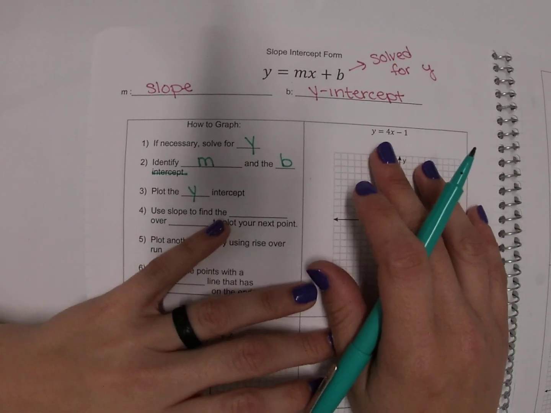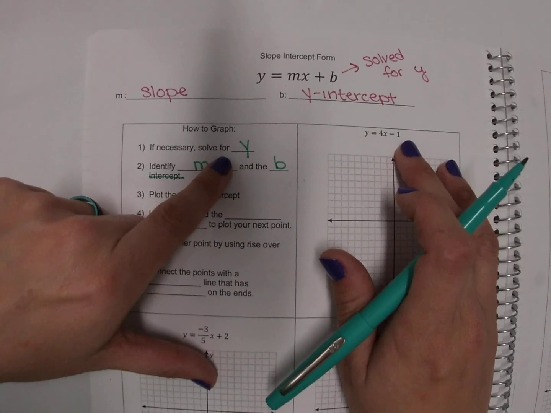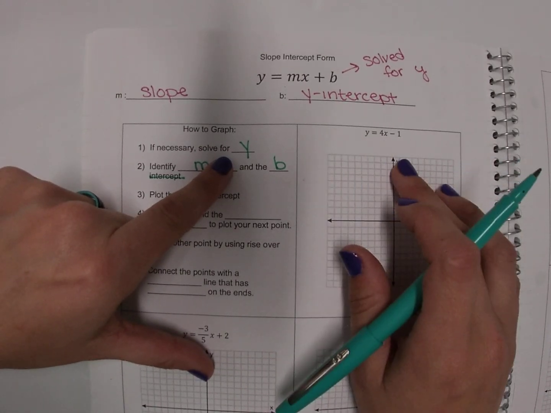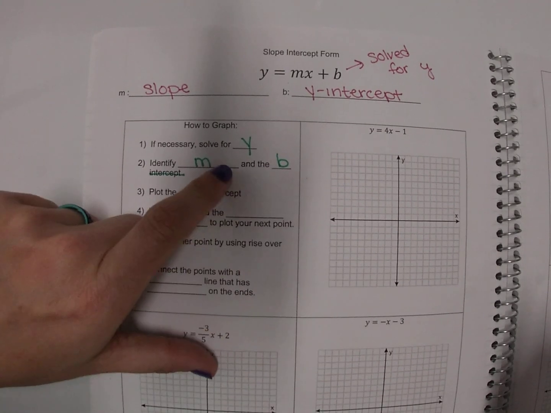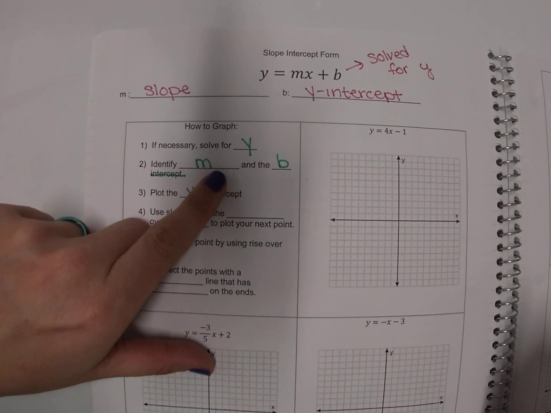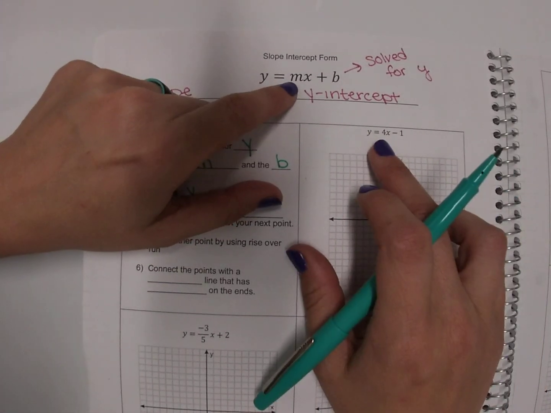So let's just look at an example here. If we have y equals 4x minus 1, our first thing is to solve for y if necessary. This is already in slope-intercept form, so we don't need to do anything to solve that for y. The second thing that we are going to have to do is find m and b. In standard form, we had to do some work to find the x and y-intercept. In slope-intercept form, we do not need to do any work. We're literally just pulling it out.